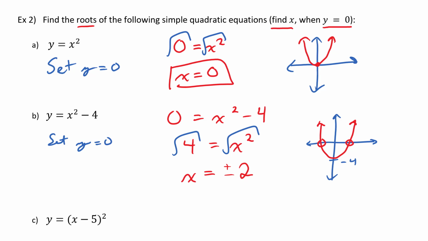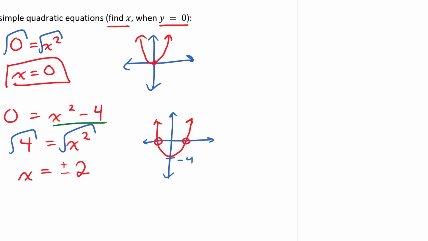Do you see an alternative way to solve this? What is this? This is a difference of squares. Let's examine that for a second. 0 is equal to x plus 2, x minus 2.